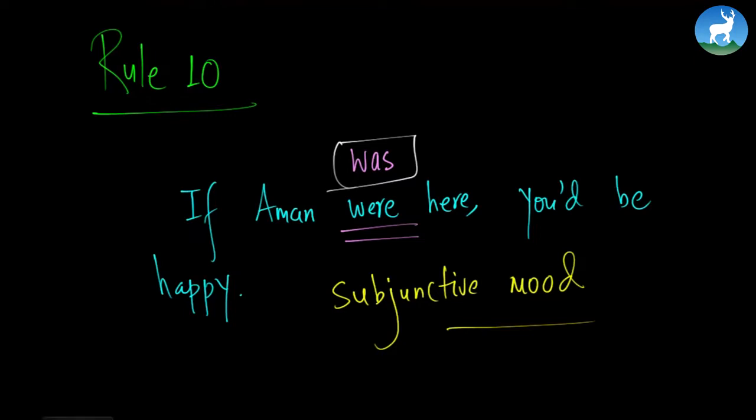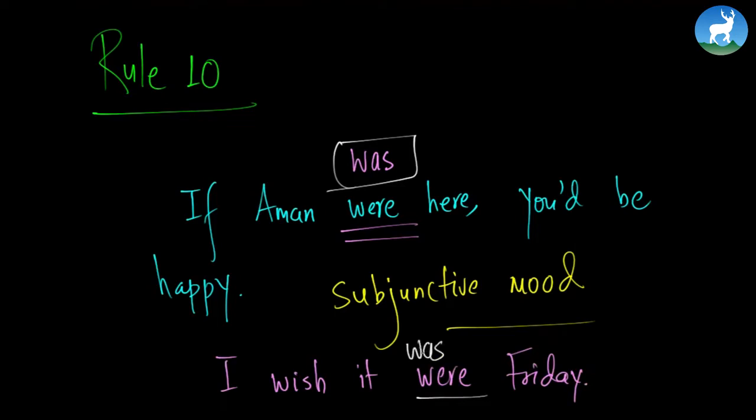You can say something like, I wish it was Friday. I wish it were Friday. You get too tired in the middle of the class and you say something like, I wish it were Friday. You can even say, I wish it was Friday. That is also fine in spoken English. But in written English, were is better.